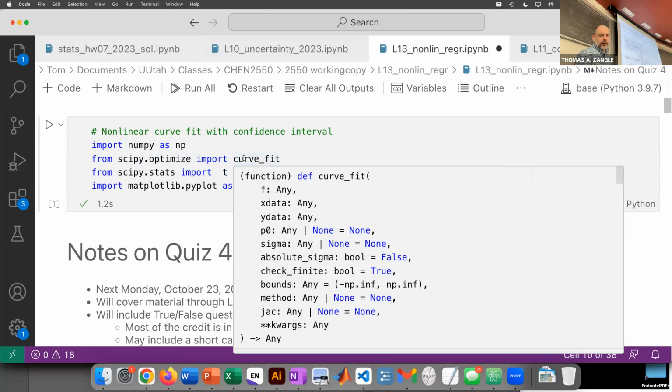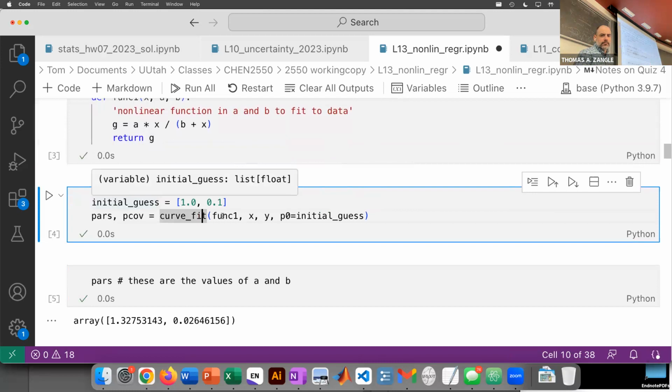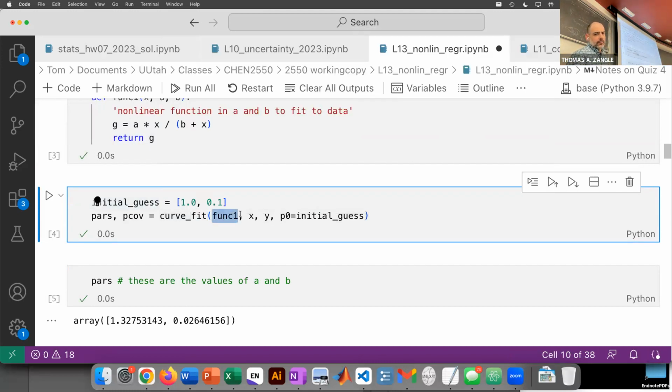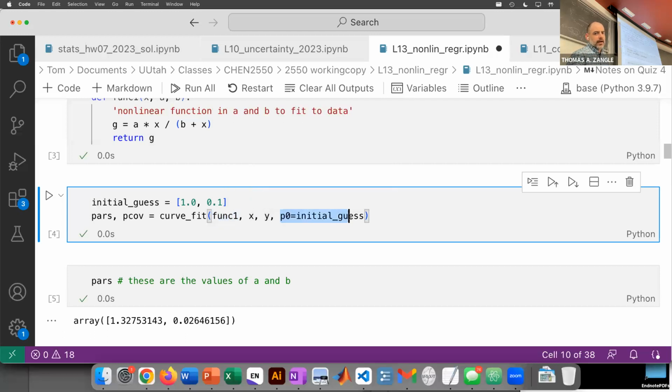So we imported this curve fit function. So we're going to compute the curve fit. Our inputs are function 1, our data for x, our data for y, and our initial guess.